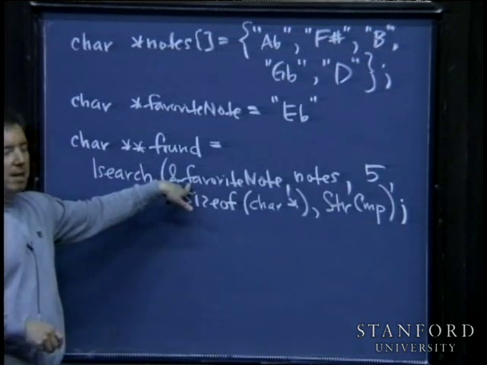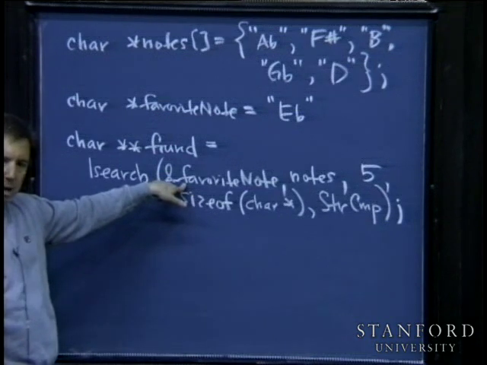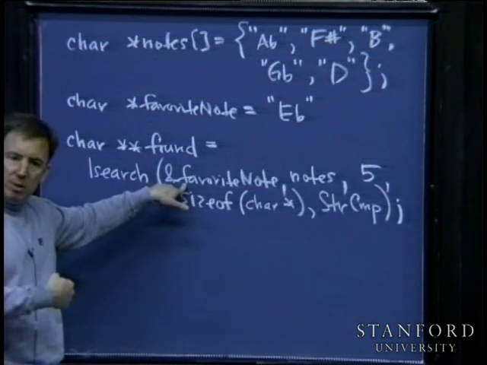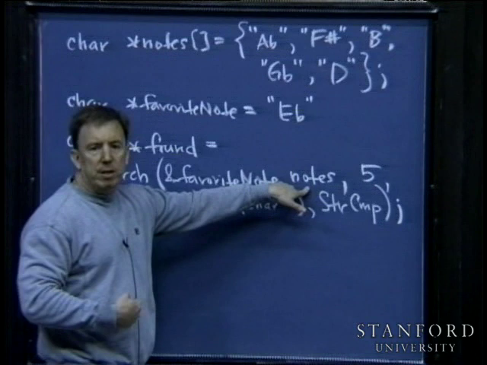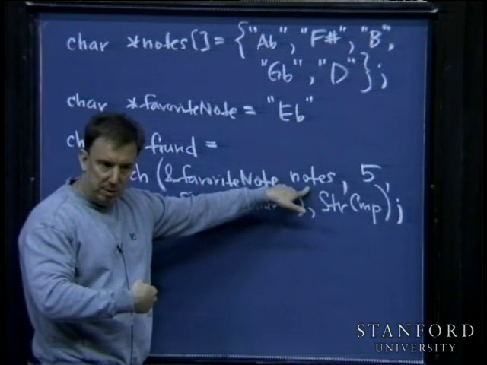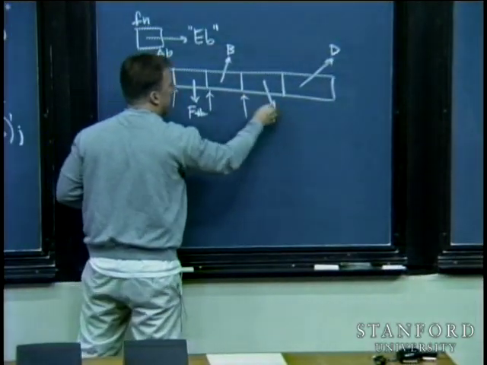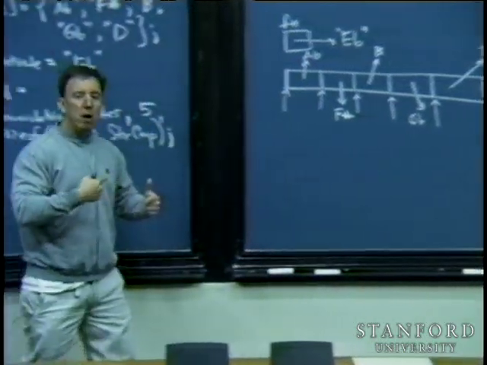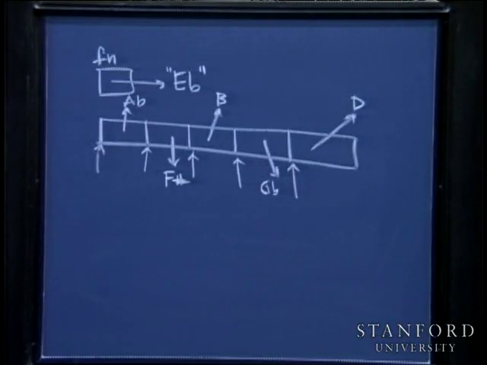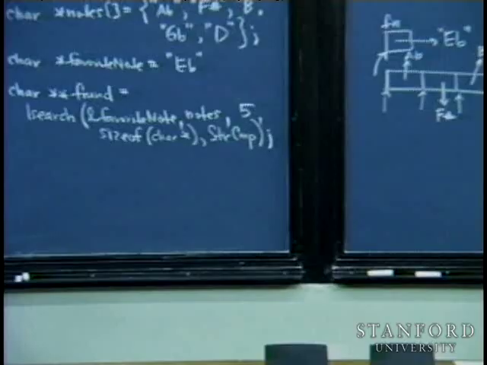The reason I'm passing in the ampersand here is because I want the true data type of the key that's held by lsearch to really be of the same type as all the pointers that are computed manually as part of the lsearch implementation. Does that make sense to people? If I know that this and that and that and that and that are all really char star stars, it just makes life a little bit easier if you have some symmetry inside code that's otherwise very complicated to make sure that the key that's being compared against those 5 arrows is of the same data type.